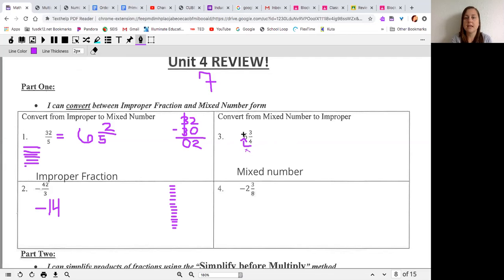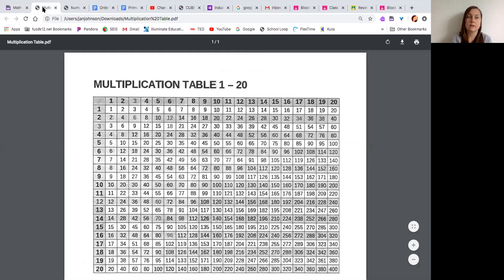Then I take that answer and I add it to the extra in the numerator. So I'm looking at this and I see 4 times 6 is what? 24.